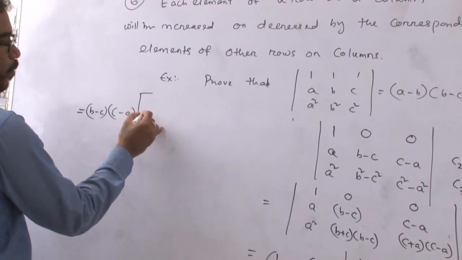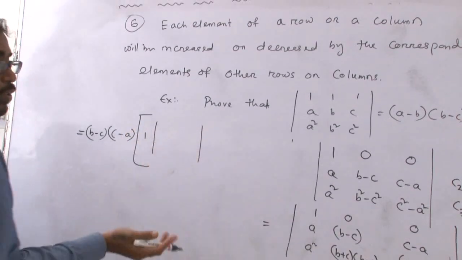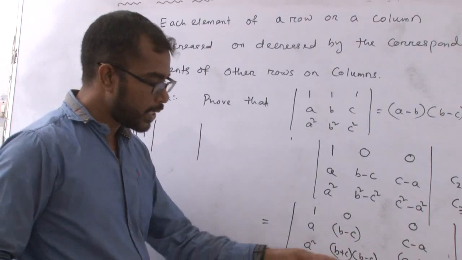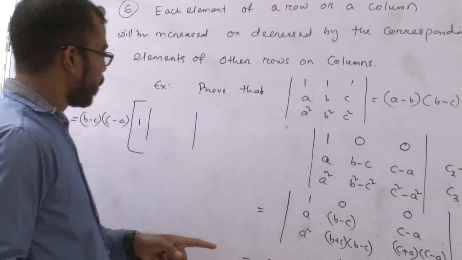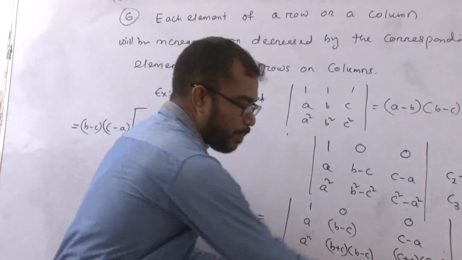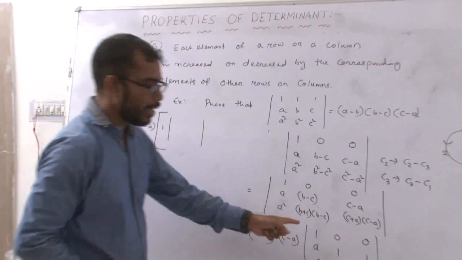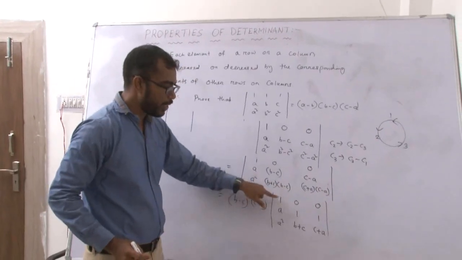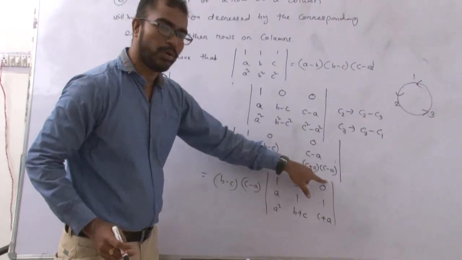As you know from the previous session how to evaluate a third order determinant, we expand along R1, which is 1, 0, 0, with signs plus, minus, plus.